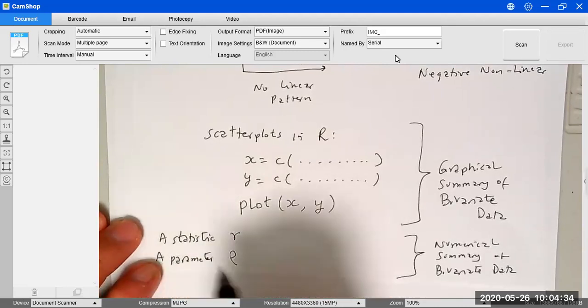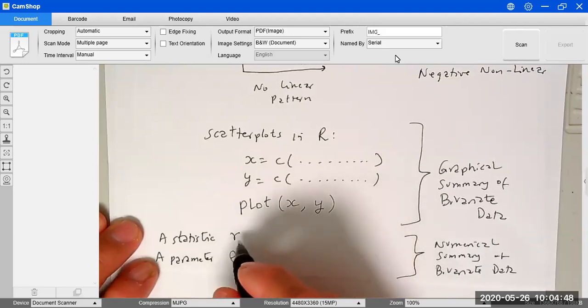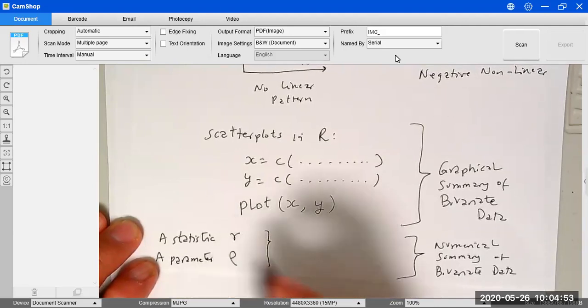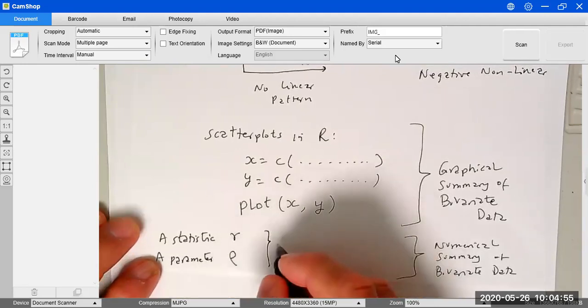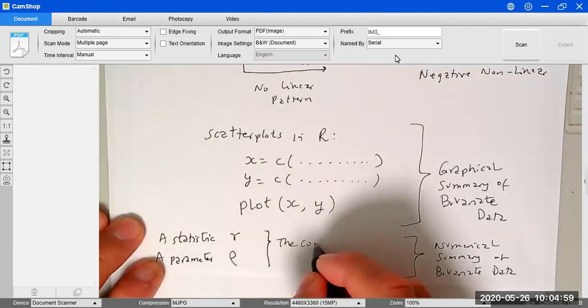So remember, we use Greek letters for parameters and English letters for statistics. A statistic comes from a sample, a parameter comes from a population. We call this statistic or parameter, this numerical value, the correlation coefficient.